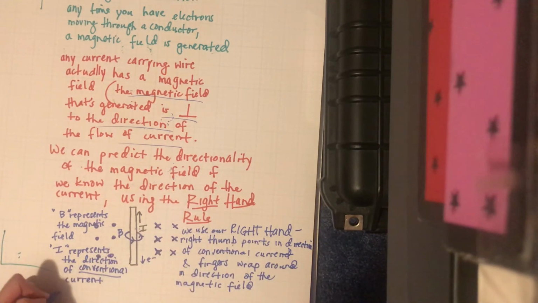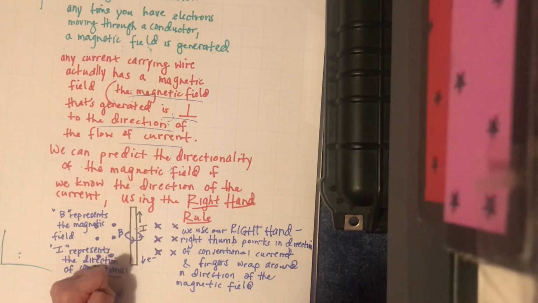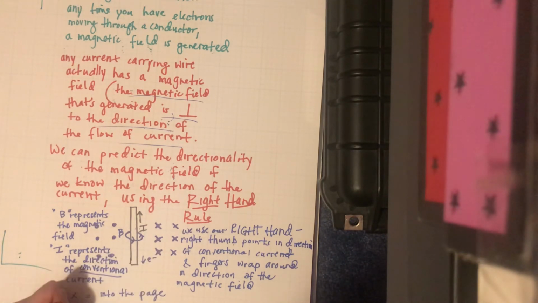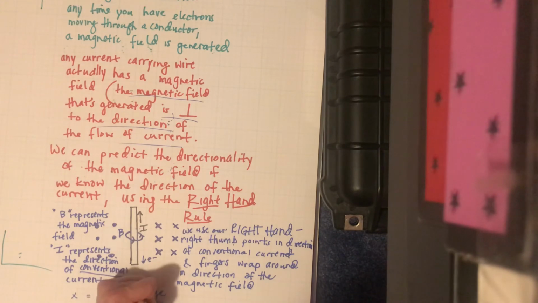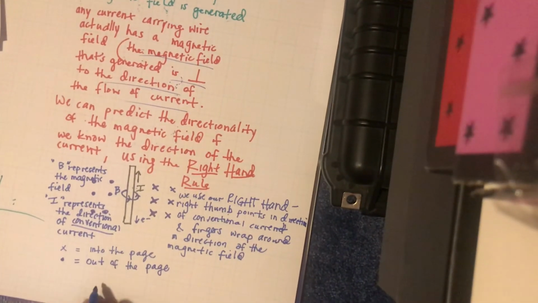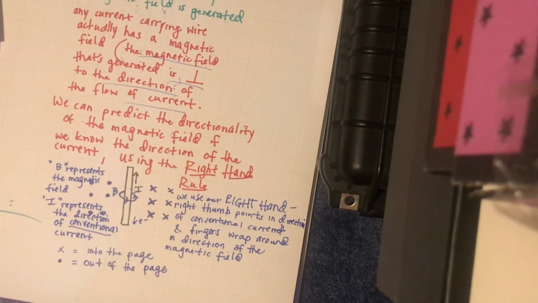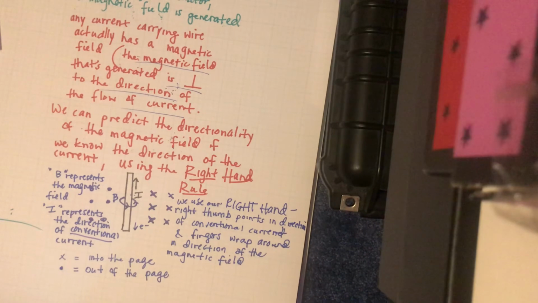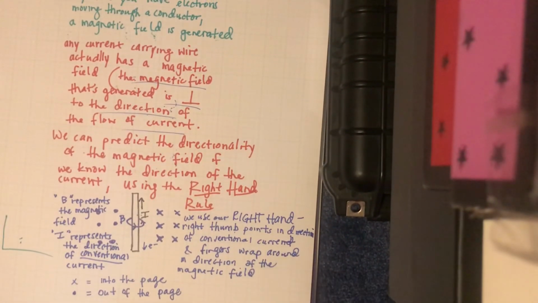X's mean into the page, and dots mean out of the page. And that is telling us the directionality of our magnetic field around this current carrying wire, which I'm just going to color in red.